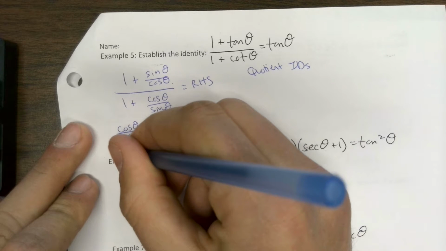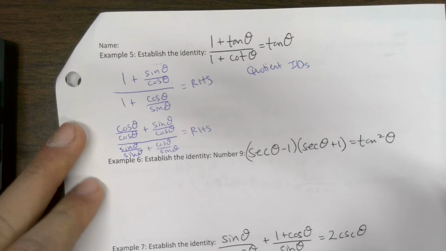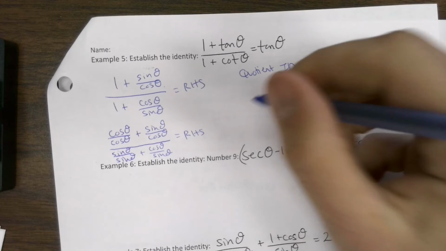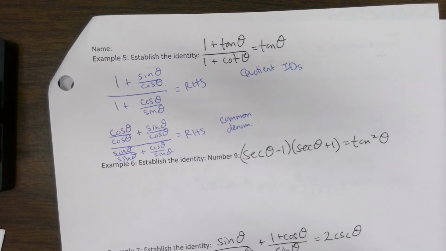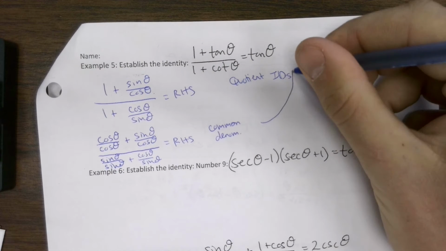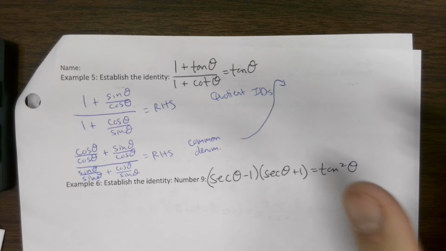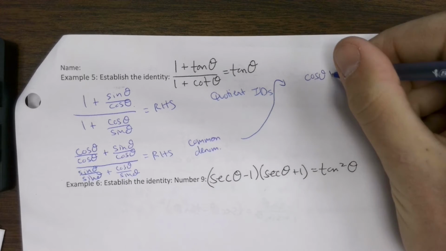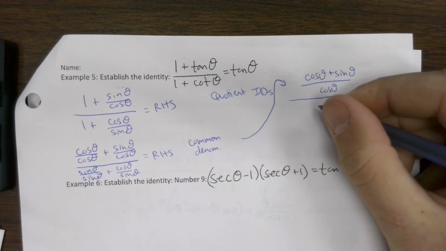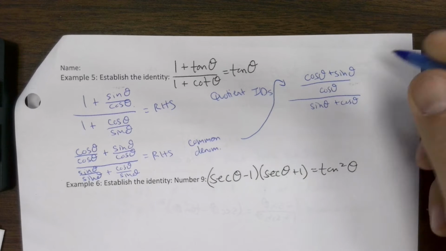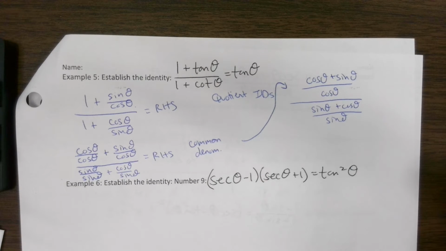So that's going to be sine theta over sine theta plus cosine theta over sine theta, and that equals the right hand side. So this is a common denominator. And if I have a common denominator, I can move the terms together. So now I have cosine theta plus sine theta over cosine theta, over sine theta plus cosine theta over sine theta. Alright, equals the right hand side.